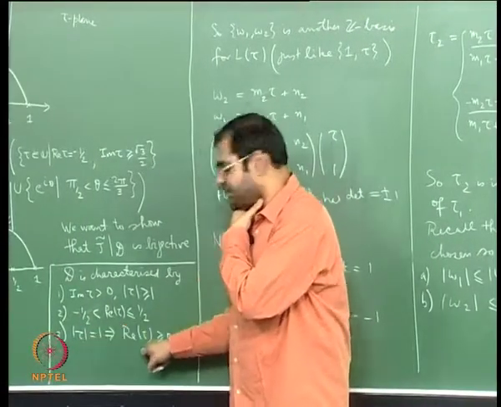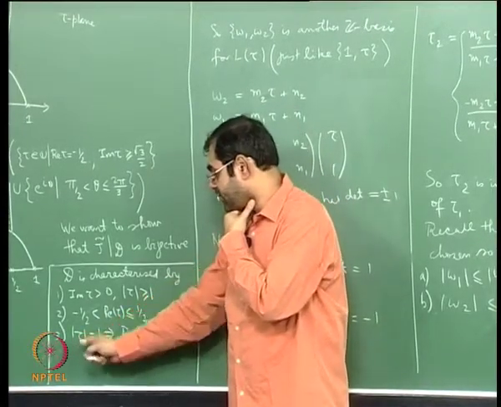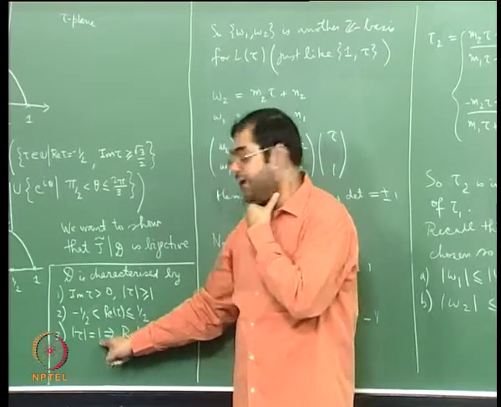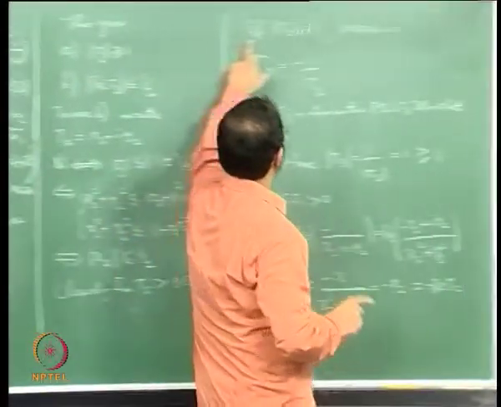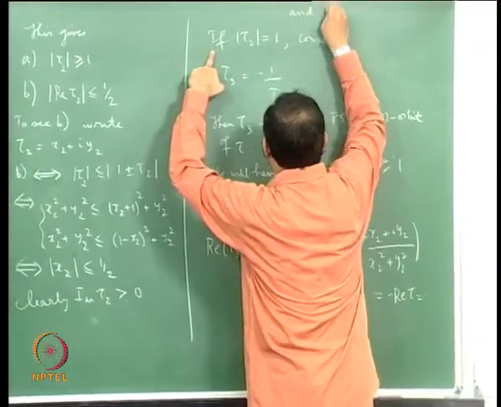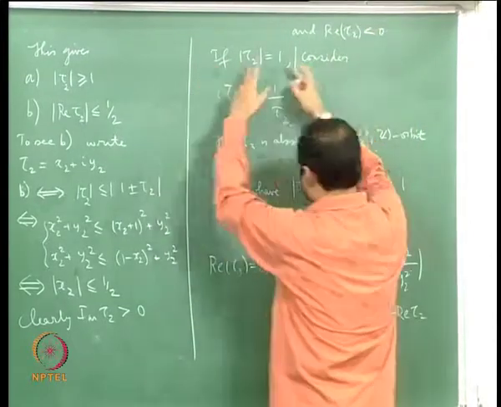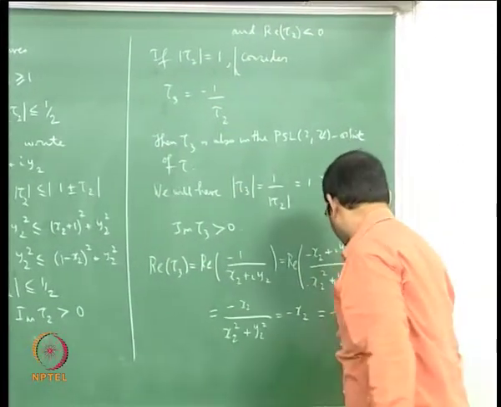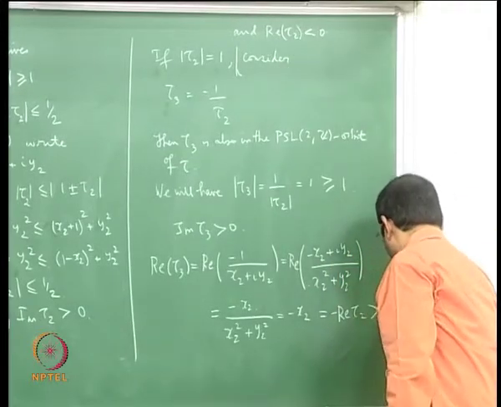For condition 3, I will have to worry about the case when mod tau is 1 and the real part of tau is negative. So if mod tau is 1 and the real part of tau 2 is negative, then you do this: since the real part of tau 2 is negative, minus the real part of tau 2 will be positive.